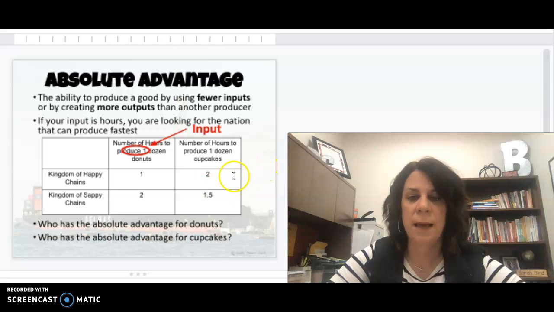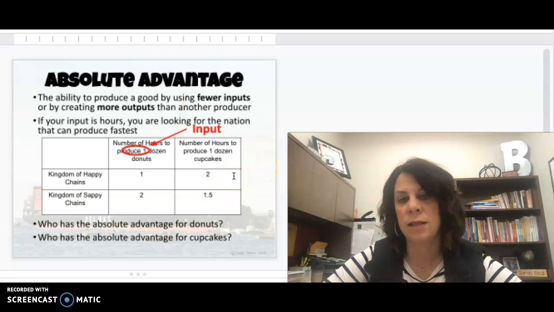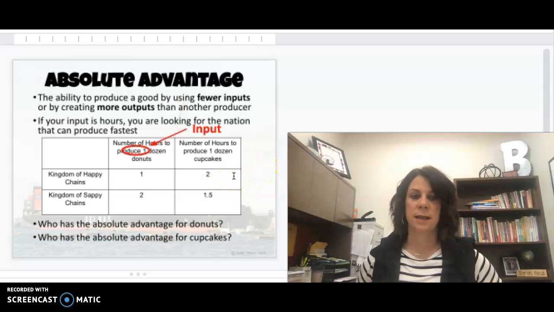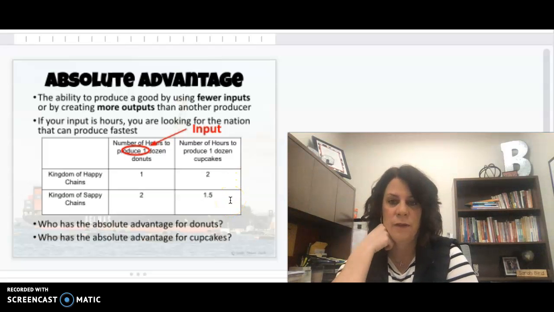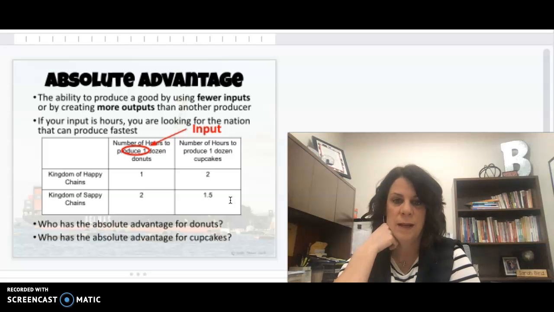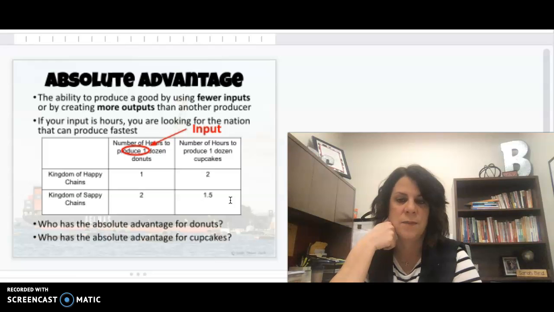When we look at cupcakes, we're looking at how many hours does it take you to produce 1 dozen cupcakes, and it looks like Sappy Chains has the absolute advantage in cupcakes because they can do it faster. So again, this is an input table, and so that's why we're looking for the lowest number, because it's who can do it the best.